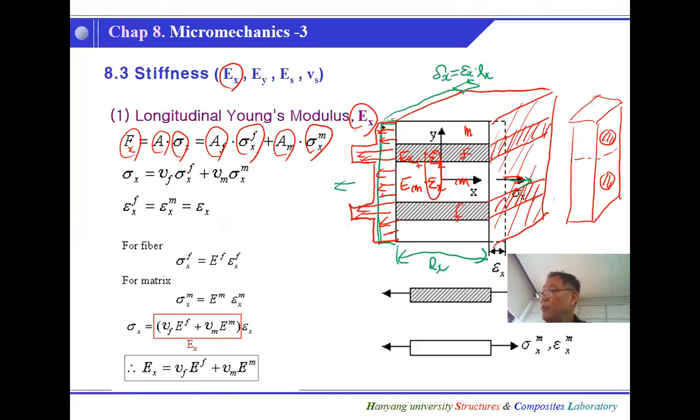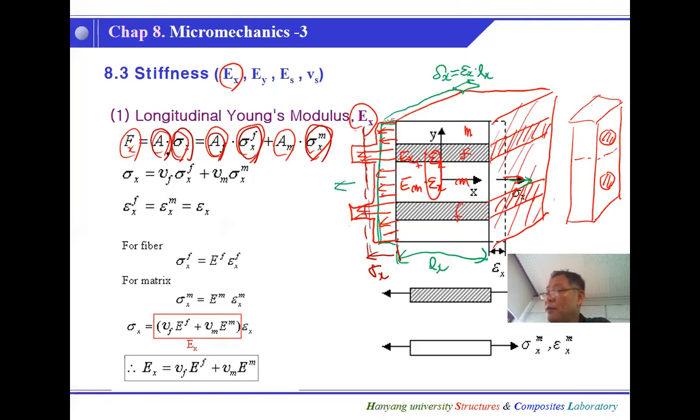Anyhow, at the ply level, we don't consider variations of the fiber and resin properties. We just assume this is sigma X, the ply stress. So this is the ply stress times the total area, which comes from the fiber stress and cross section and the matrix stress and cross section.